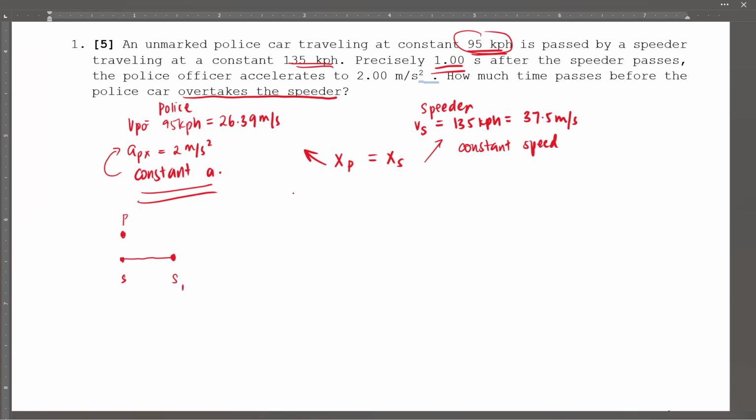So, speeder at time 1, at itong time 1 na to, ang lumipas dito ay 1 second. At that time, merong na-travel itong si speeder natin. At the same time, 1 second after, hindi sila pantay.